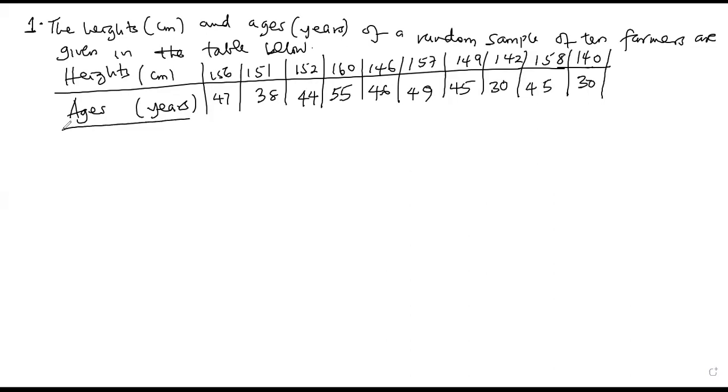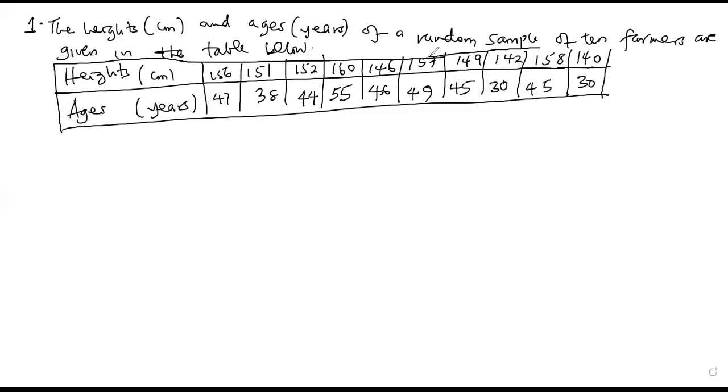So here is a table showing ages and heights of a group of 10 people. Part A, they are saying calculate the rank correlation coefficient.